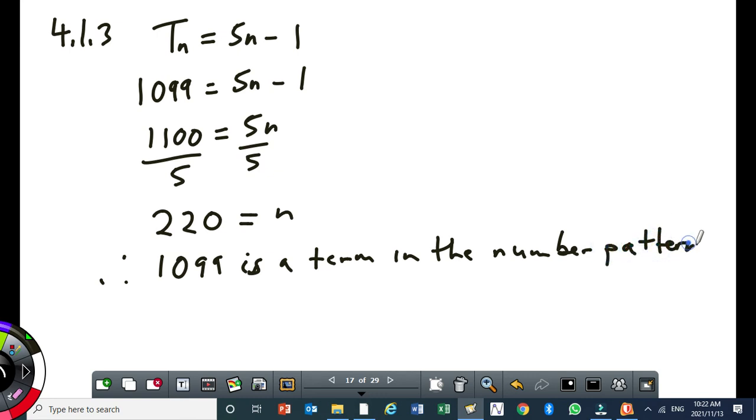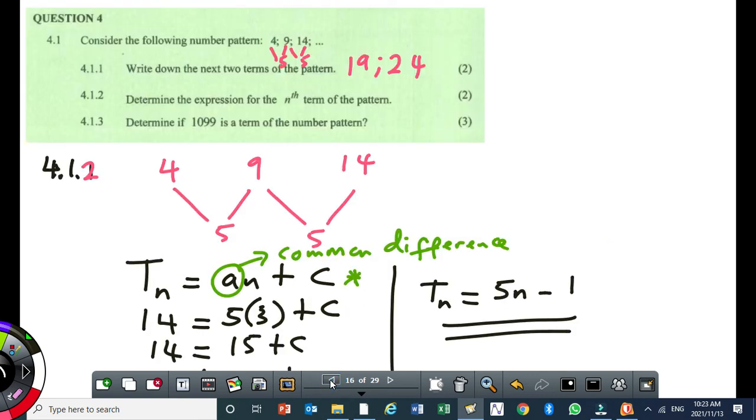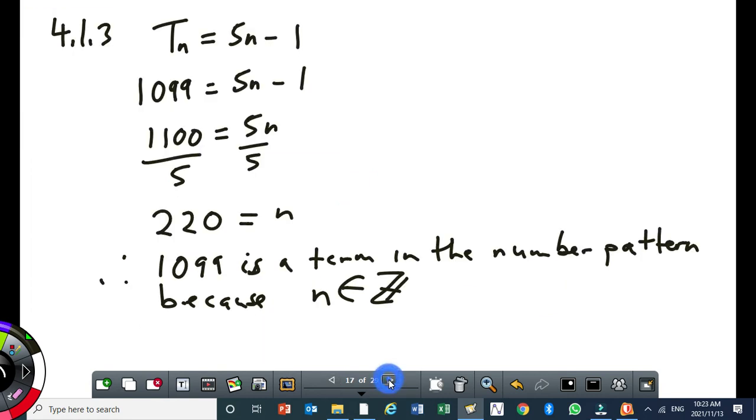Then I can state the reason: because n is an element of the integers. Because of the nature of the question, 3 marks, there could be a mark allocated for the conclusion and the reason.